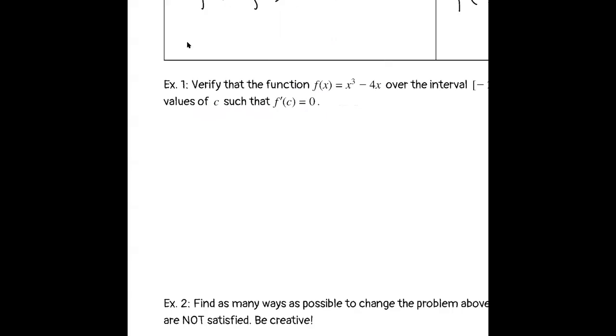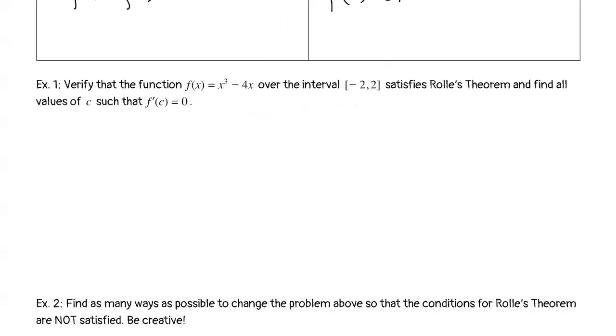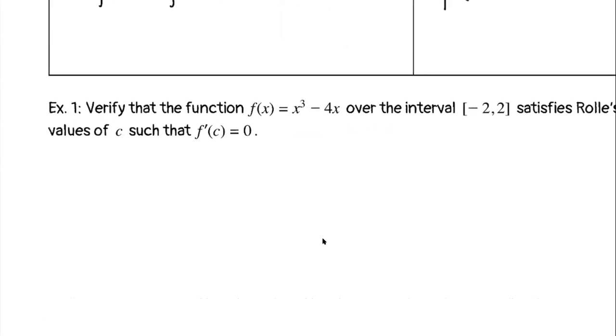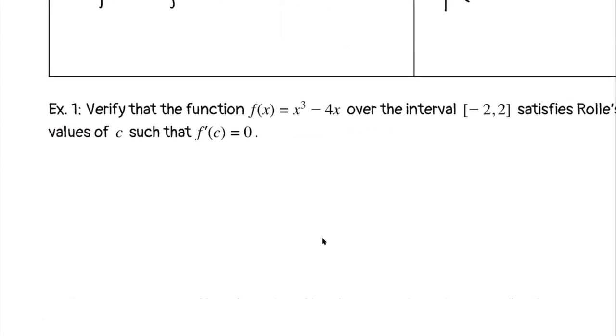Okay, so sorry. All right, so we know from a graph that it satisfies Rolle's theorem, but how do we show that without a graph? We can say a few things.